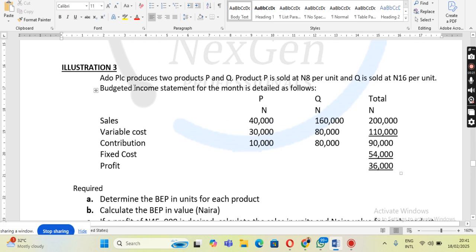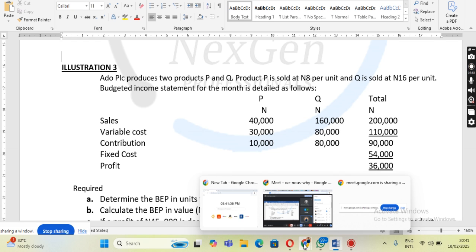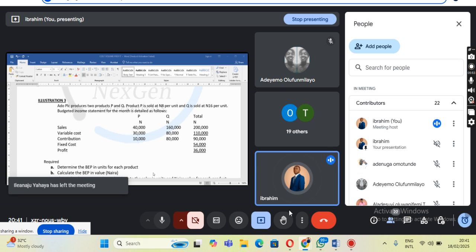Don't forget that Ado PLC produced two products, P and Q. Product P is sold at 8 naira per unit and Q is sold at 16 naira per unit. Budgeted income for the month is detailed as the sales, the variable cost, the total contribution, the fixed cost, as well as the profit. Class, you need to get the weighted average they talk about here. The weighted average means, when you add, let me use someone as an example here.